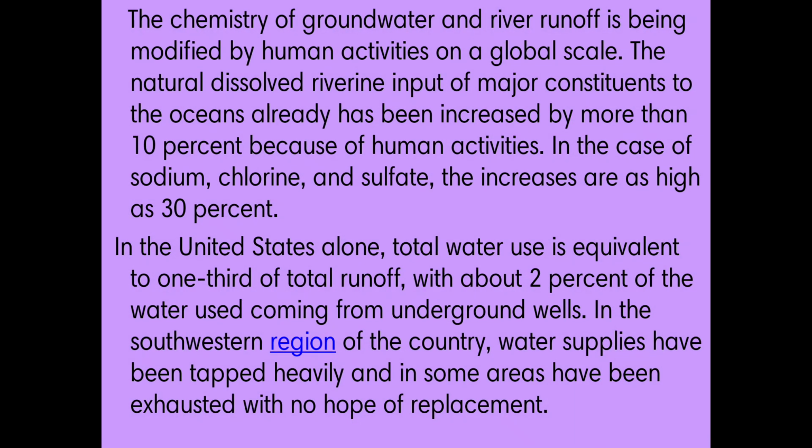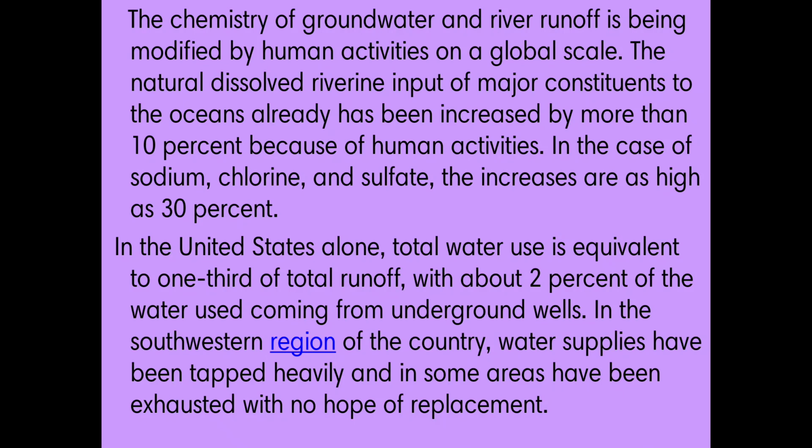The chemistry of groundwater and river runoff is being modified by human activities on a global scale. The natural dissolved riverine input of major constituents to the ocean already has been increased by more than 10% because of human activities. In the case of sodium, chlorine, and sulfate, the increases are as high as 30%.